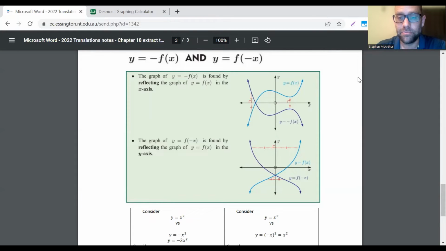That's our original function, y is equal to f of x. The other one is flipped upside down, and the line that flips it upside down is the x-axis. This is not a hard skill to do. All we need is y is equal to negative f of x.